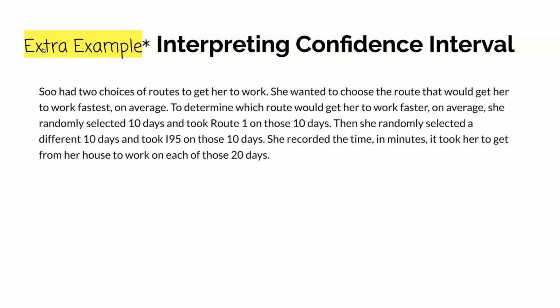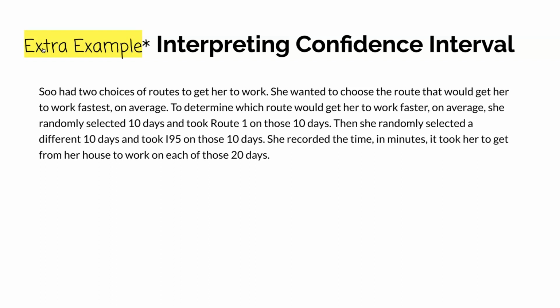So here's a scenario. I was told that we need to go back to work starting in August. I have two ways to get to work. I live in Fredericksburg, you guys, and I commute to Woodbridge. So if you are in Stafford County, you know the two options are I-95 or Route 1.